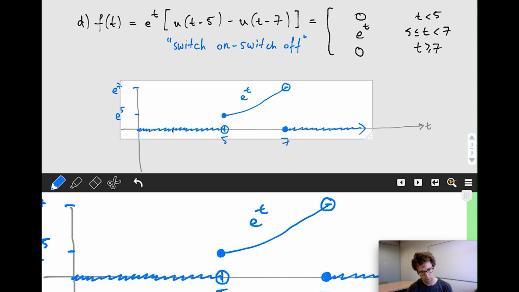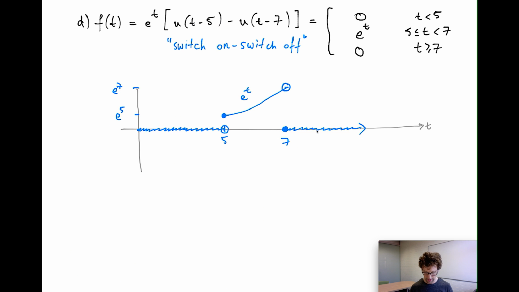So coming in from the left-hand side, we don't include that point, we jump up and we include the point going off to the right. We don't include it on the left-hand side, and then we include the point as we go off to the right.